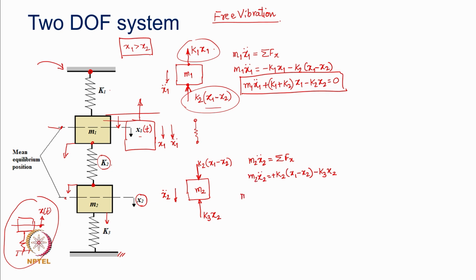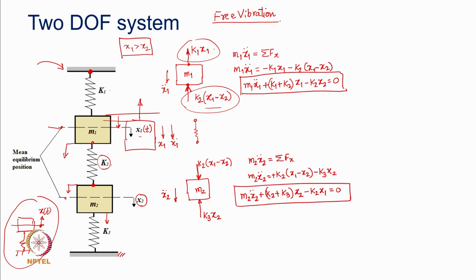Now, reorganizing this equation: m2 x2 double dot plus (k2 plus k3) into x2, and minus k2 into x1 equal to 0. That is my equation number 2.